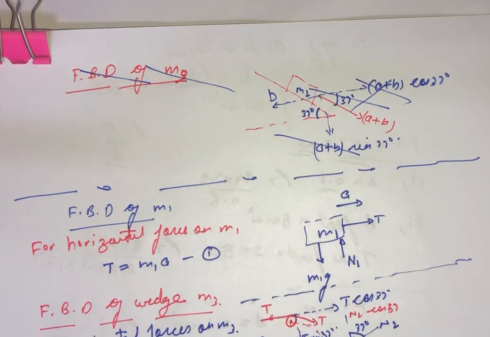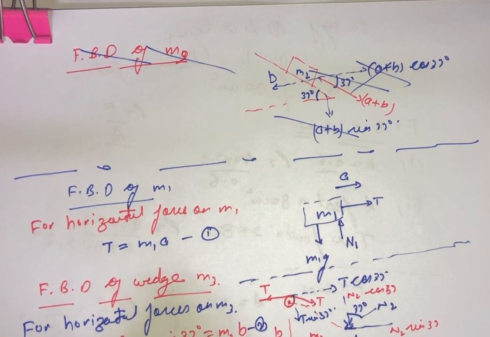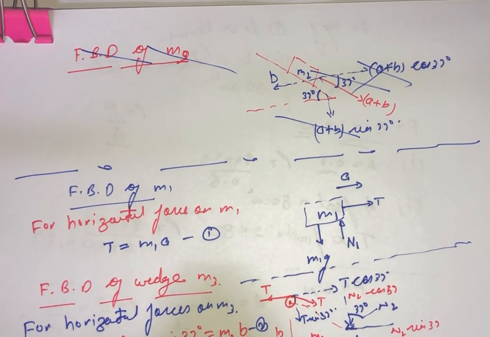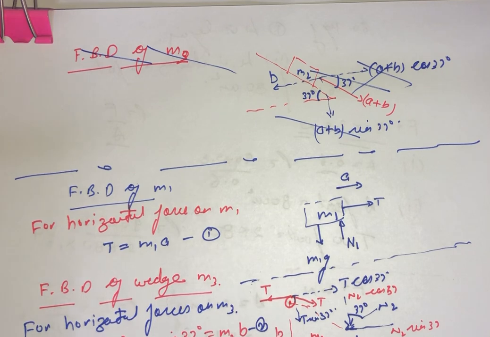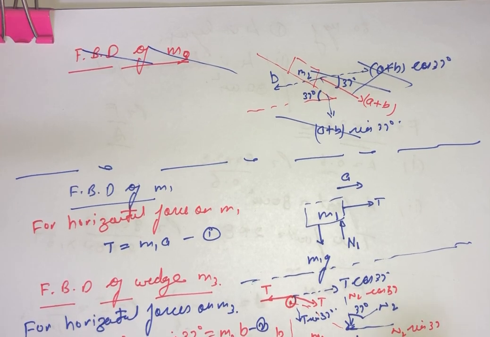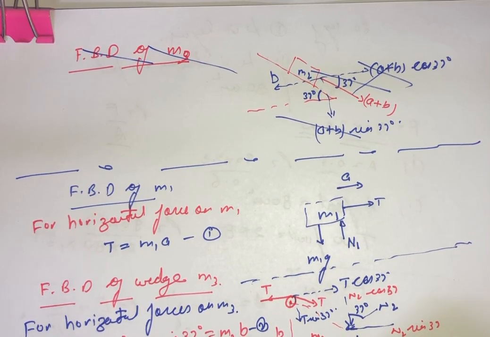And next we draw the free body diagram of mass M2. So mass M2 will be on the wedge angle of 37 degree, and let us suppose this is mass M2.